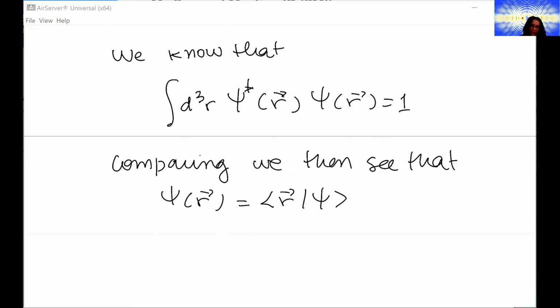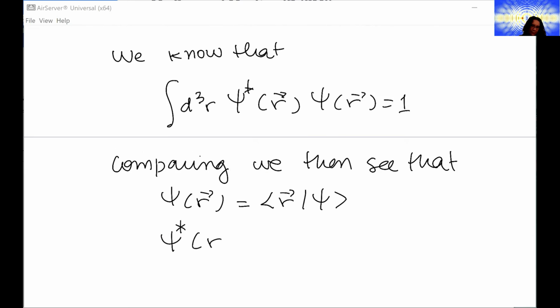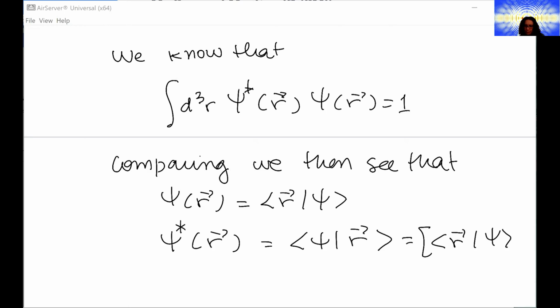and if you take the complex conjugate as it should be, this is all consistent. Remember how we defined our inner product? If you are dealing with an inner product in the state space, it has to be the complex conjugate of the inner product when you reverse the second and the first argument.